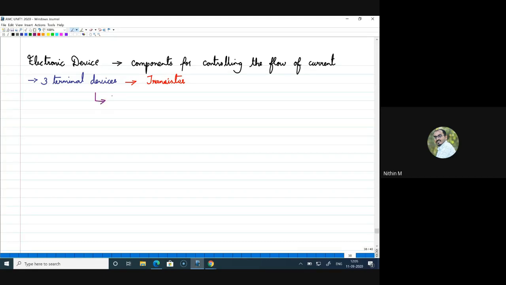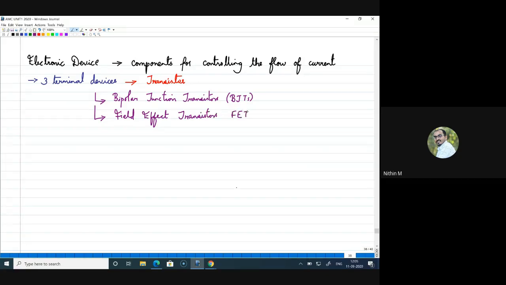I can classify transistors into 2 categories: bipolar transistors, which we call bipolar junction transistors, or BJTs, and the other category, field effect transistors, which we call FETs.